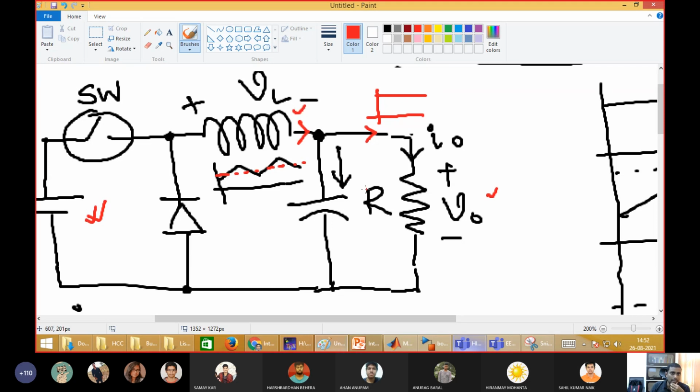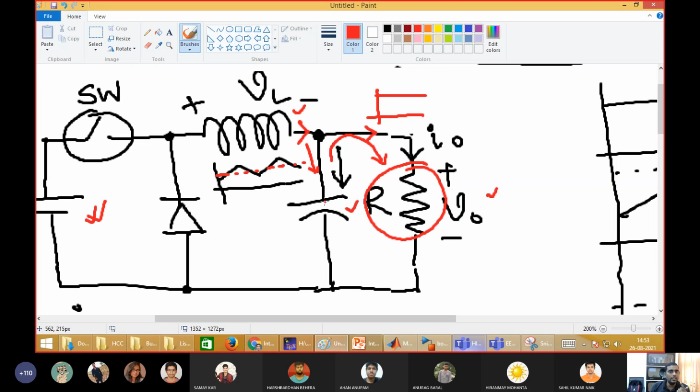The inductor and capacitor both are trying to supply this resistor. So when the switch is on, the capacitor is consuming current, and when the switch is off, the capacitor is giving current to this resistor. This makes the ripple current in that capacitor.